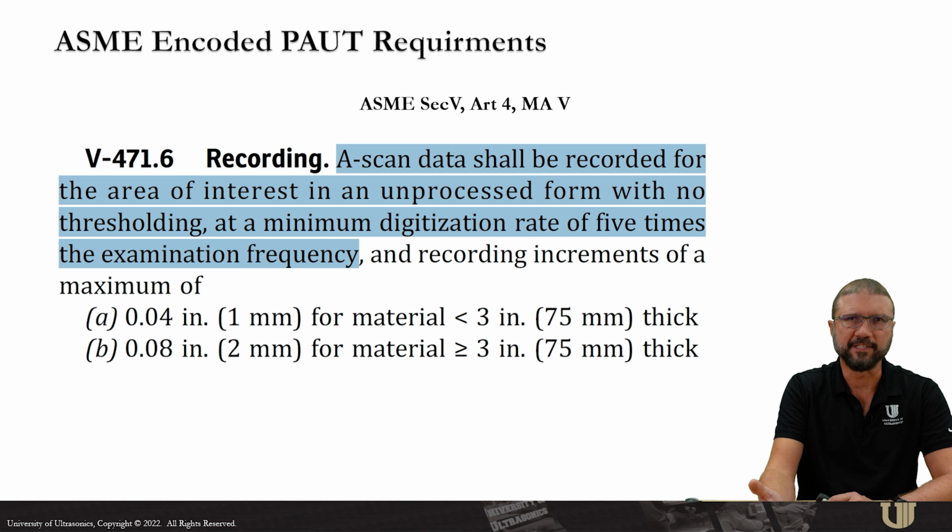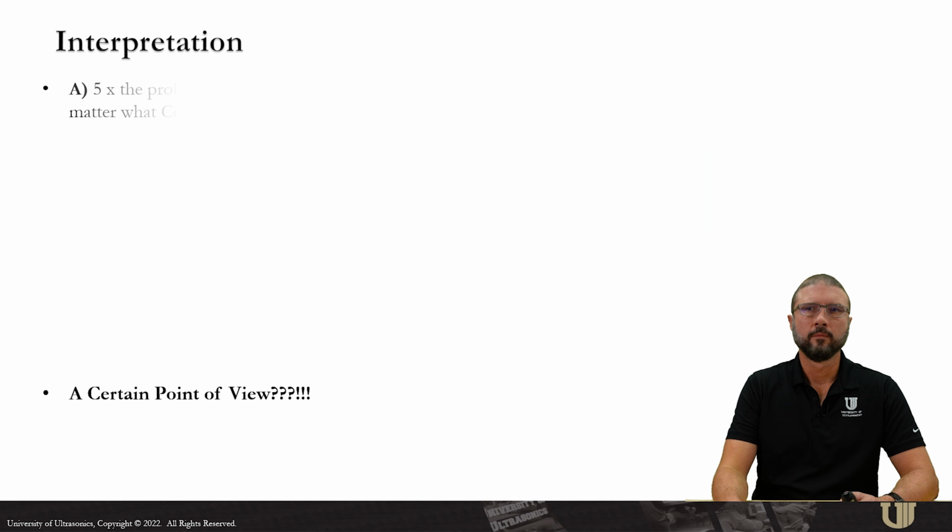Well, as already stated, when we perform compression or subsampling or scale factor, whatever you want to call it, we only save and record those points that were preserved after compression. And then that line about an unprocessed form, what do we consider processing? Keep the high, drop the low, reposition. That's a whole other conversation that could be had. I'm not going to go there right now, but it is something for you to ponder.